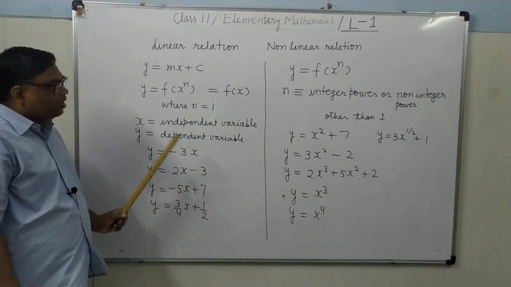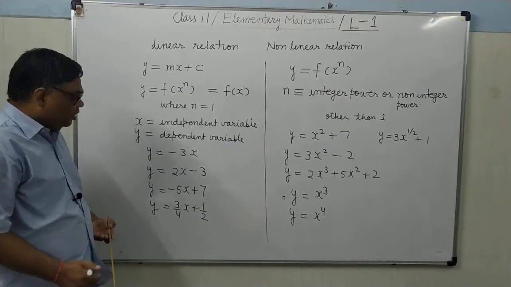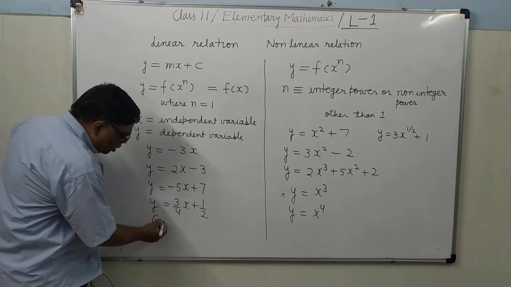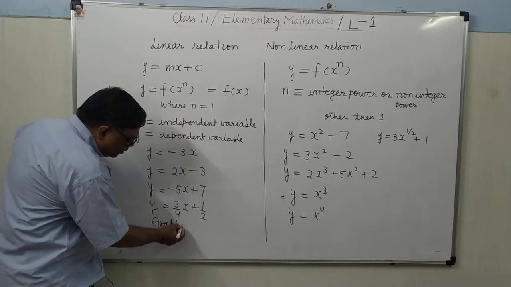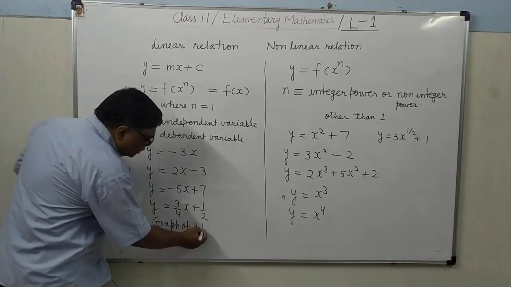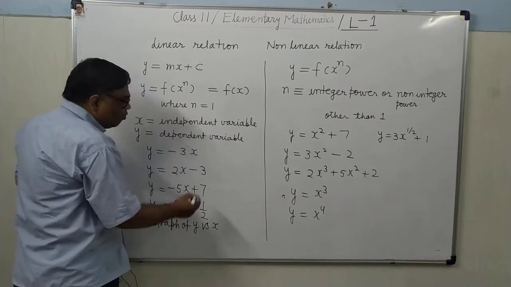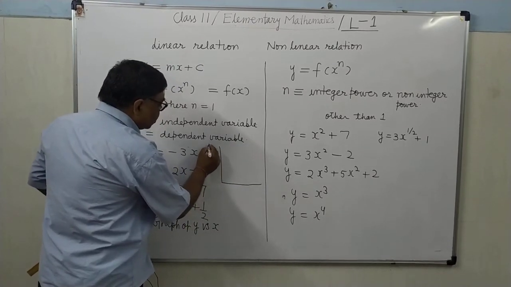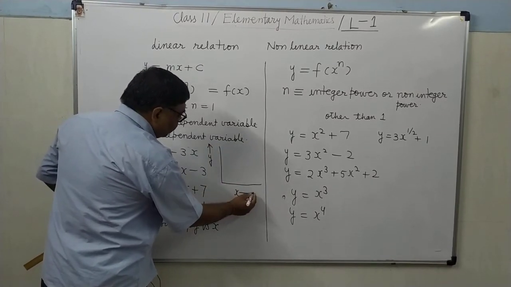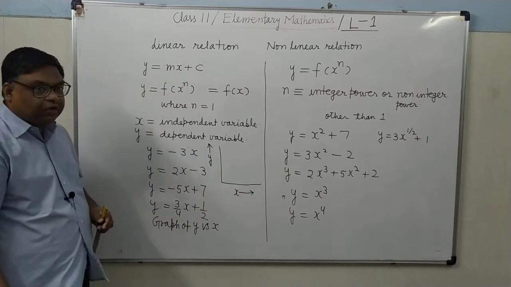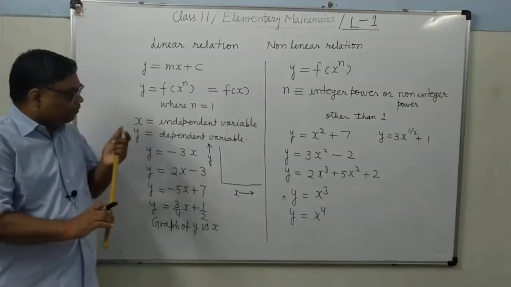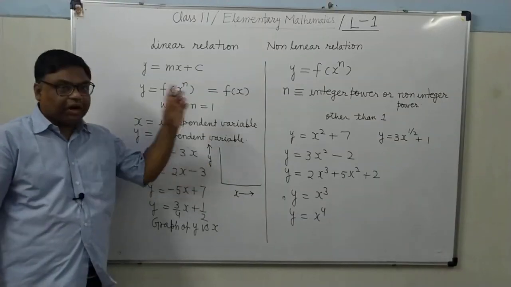Now see here, what is the difference between the graphs? Here the graph will be a straight line. The graph of y versus x. Y versus x means, as you know, in lower classes you have plotted the graph. You have taken different values of x, at least 3 values of x, found the value of y and then plotted the graph.